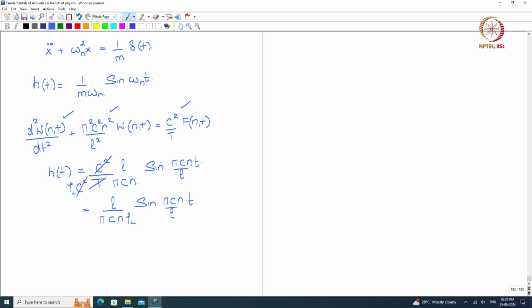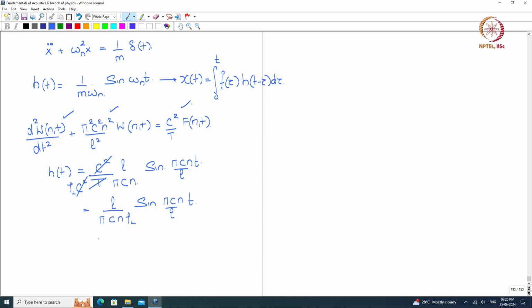Now for any other function, the response x of t is the integral 0 to t f of tau h of t minus tau d tau.